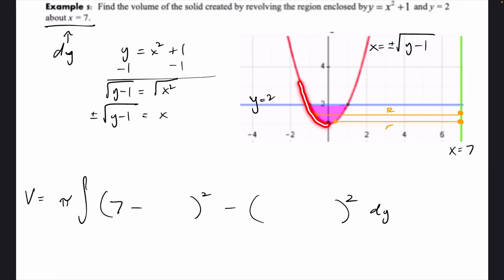This side of the parabola only has x values that are negative, in these quadrants where x is negative. So we're going to subtract negative square root of y minus 1. So in other words, it'll be plus.